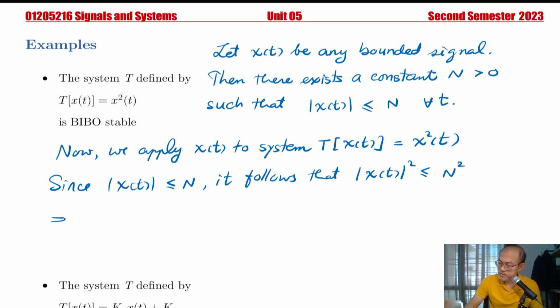So that means that the absolute value of the output is not greater than n squared. So this is a number M.